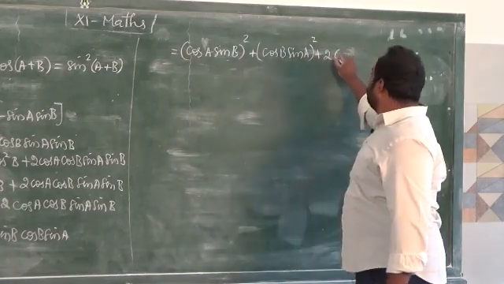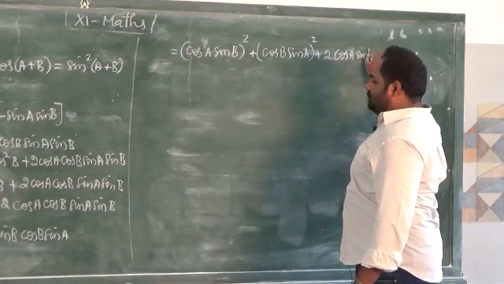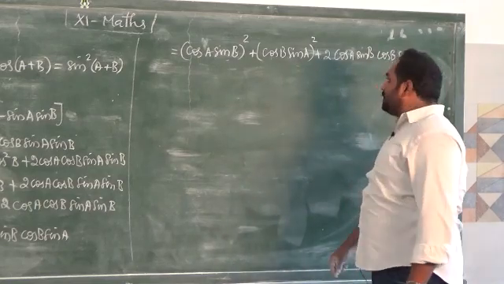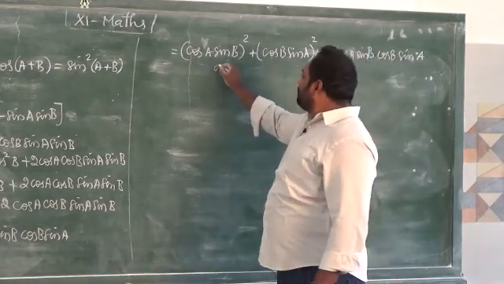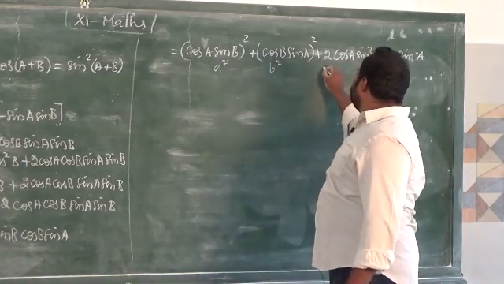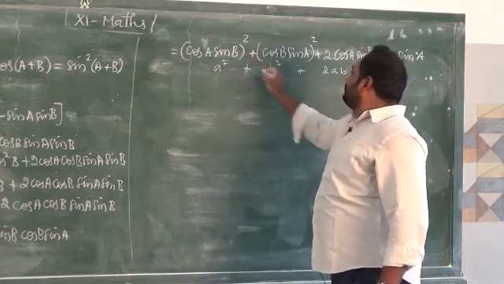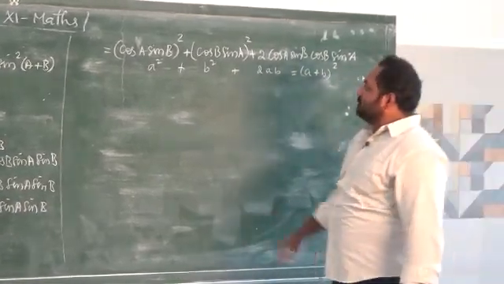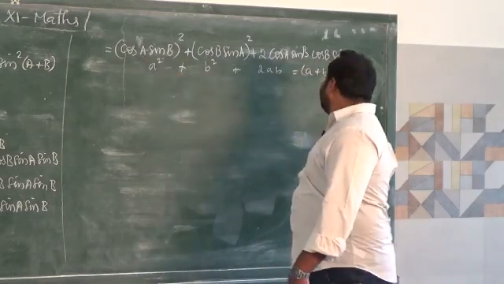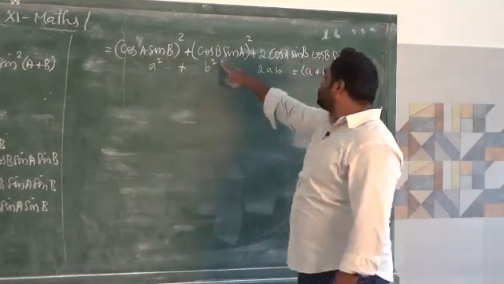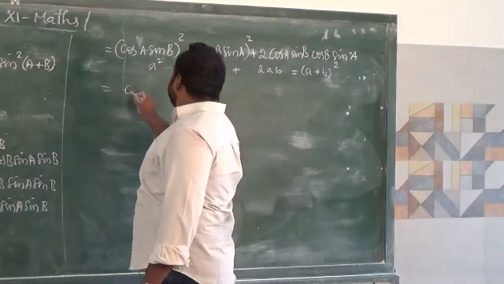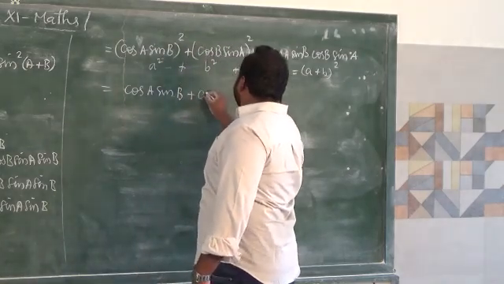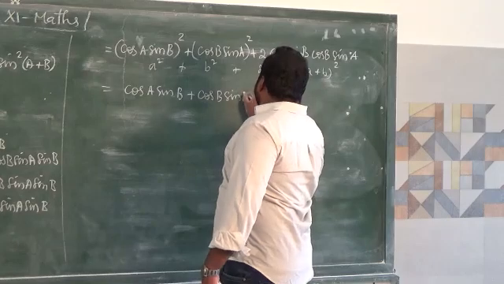Next, 2 into cos A sin B cos B sin A. Look at that: this is the form of a² + b² + 2ab, whose formula is (a+b)². Here a is cos A sin B and b is cos B sin A. So this can be written as (cos A sin B + cos B sin A)².